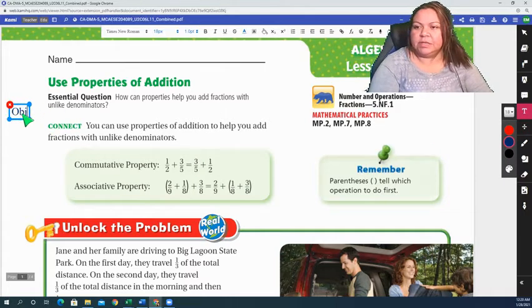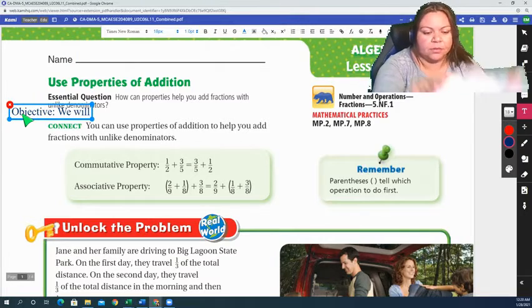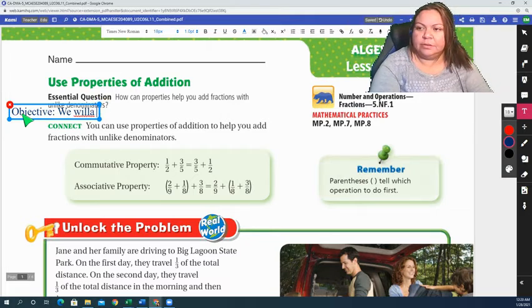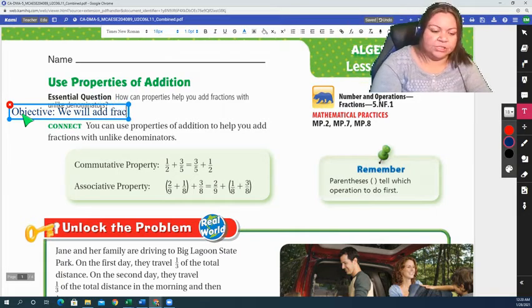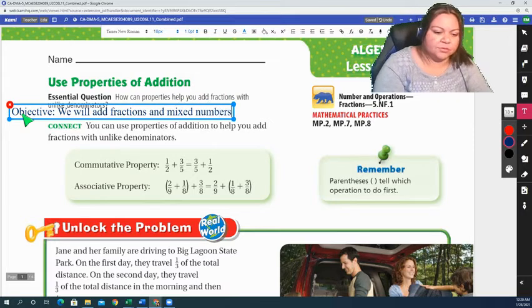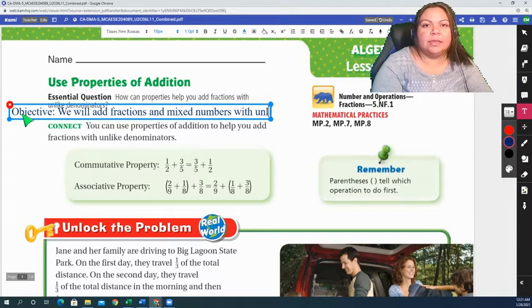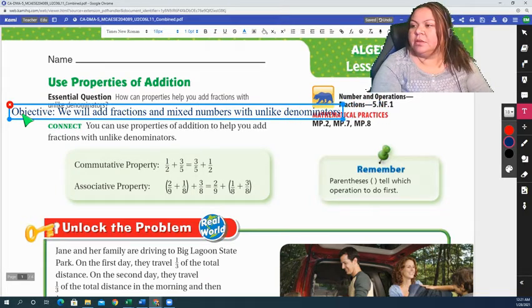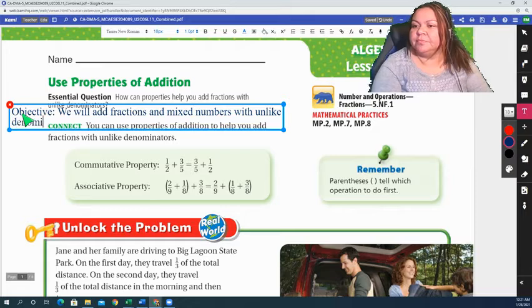Okay, so the objective, we will add fractions and mixed numbers with unlike denominators using the properties.